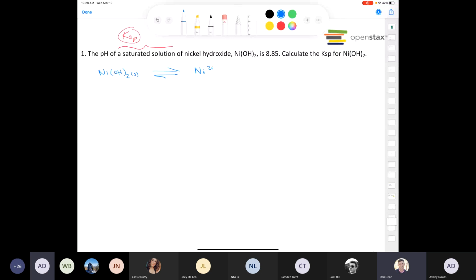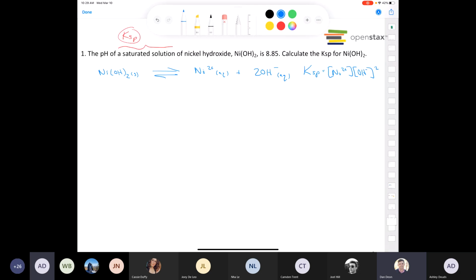So you get the nickel 2 ions plus 2 hydroxides like that. And you know that the KSP is what you're looking for. KSP is going to be equal to the concentration of the nickel ions times the concentration of the hydroxide ions squared, like that.